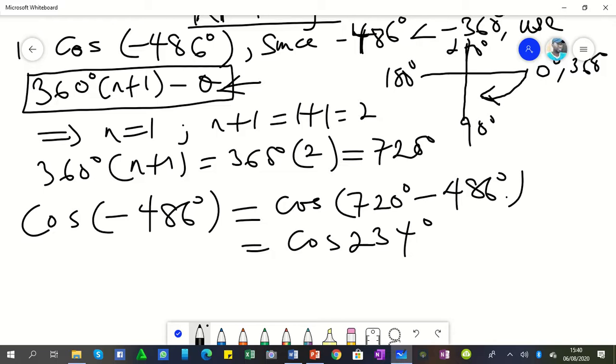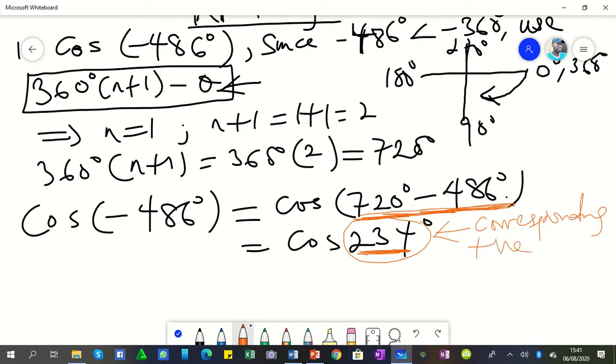Please note that this underlined angle is the size of the corresponding positive angle.